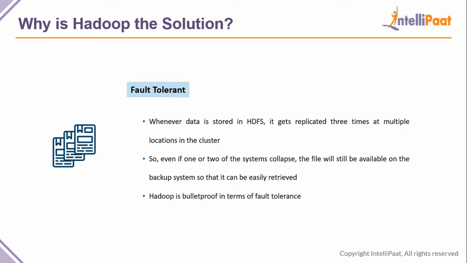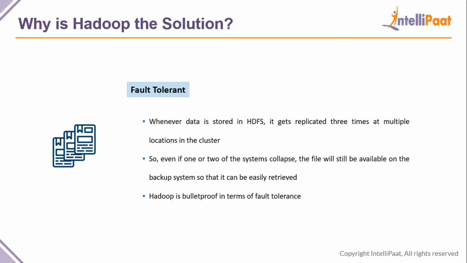And then when you have to talk about fault tolerance, which is the next point, let's say you stored some data, as I told you, HDFS is the Hadoop distributed file system, and you've stored some data using that. So what is done basically for fault tolerance is that this data, whatever you've sent, is actually copied multiple times in multiple locations. So even if one machine dies, or two machines collapse, or something happens, the file will actually be available somewhere on a backup in a node which is probably distant and very far away.